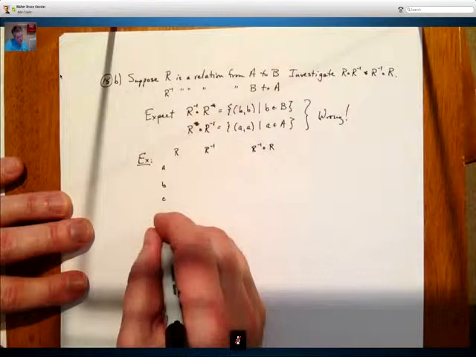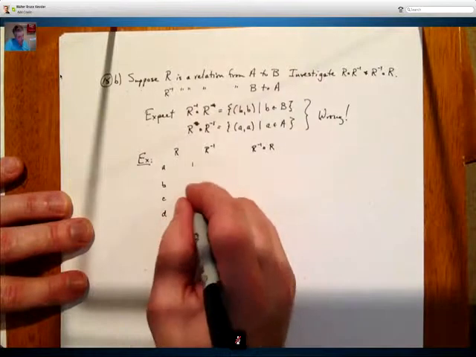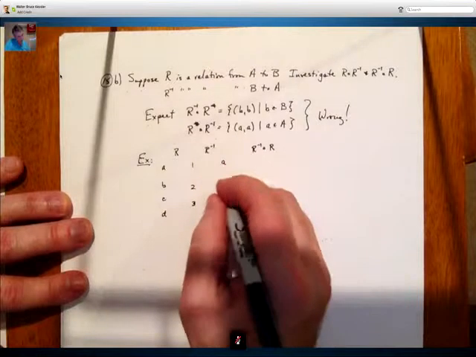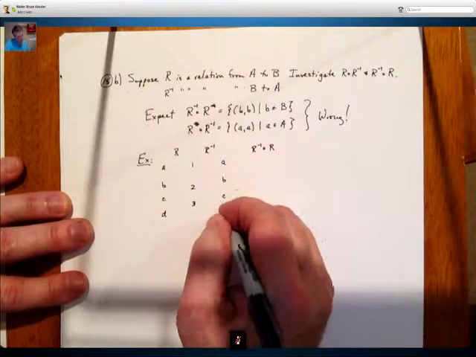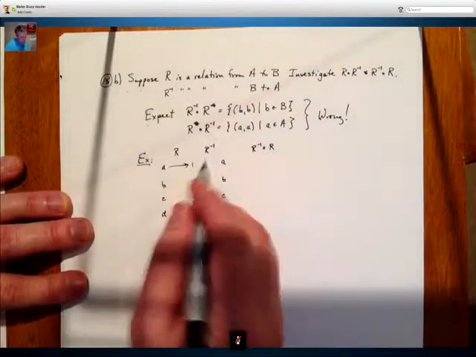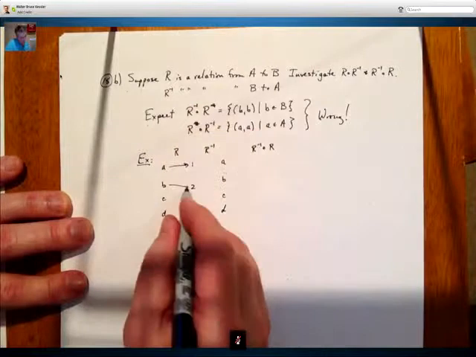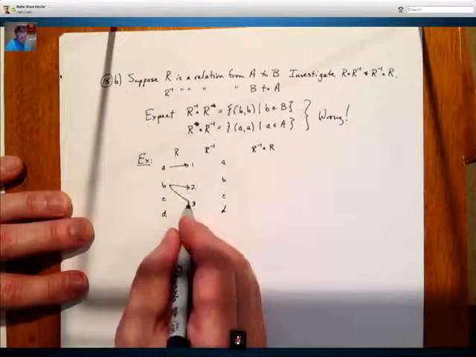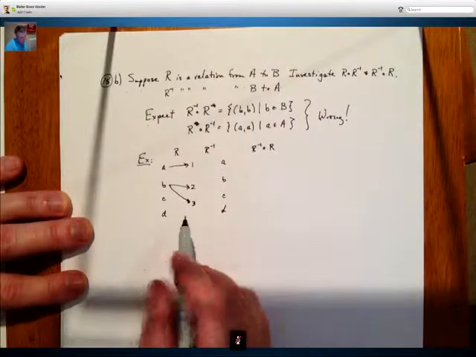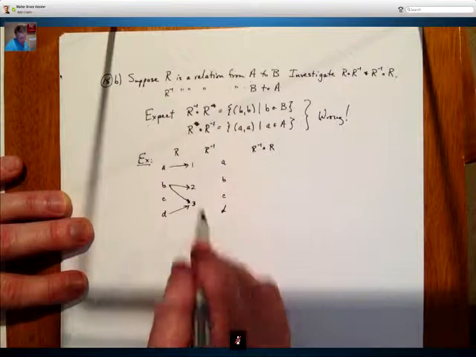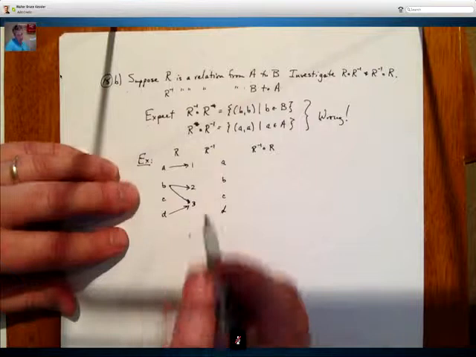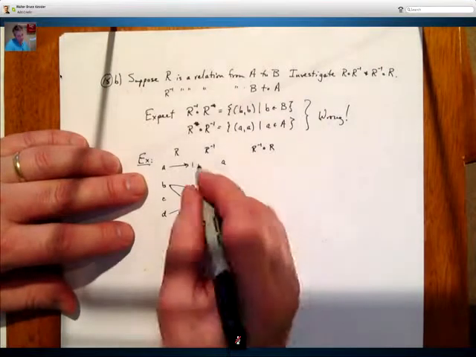Now let's let our set be, I don't know, A, B, C, D, and then maybe 1, 2, 3, and then back to A, B, C, D. Now what should happen, I should get a clean walkover from A to A, right? So maybe A goes to 1. And then B goes to 2. But B also goes to 3. And maybe C goes to 3. I'm sorry, D goes to 3, and we'll leave C alone.